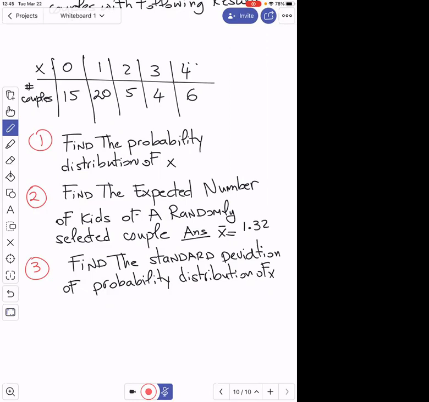Because if your X bar is wrong for number 2, then of course the standard deviation is going to be wrong, because in the formula for standard deviation, we use the mean, the X bar. So just be careful.